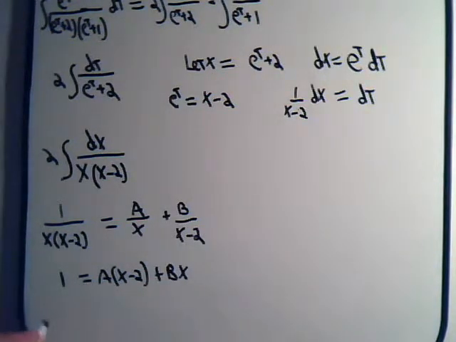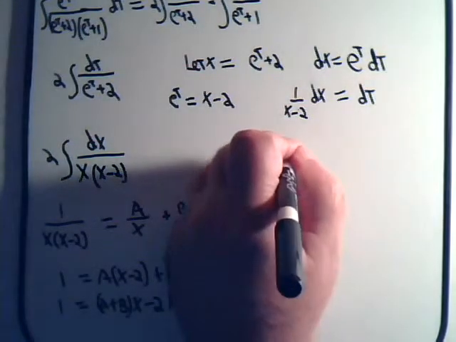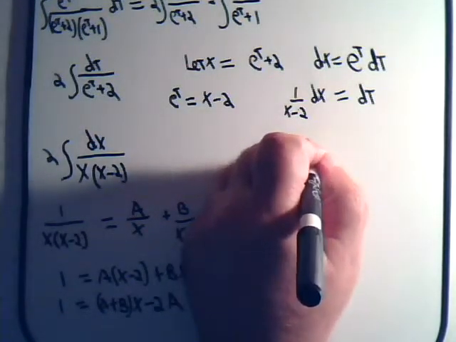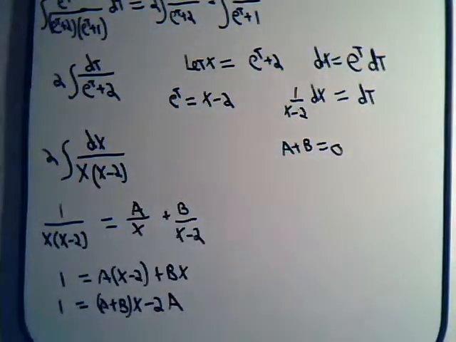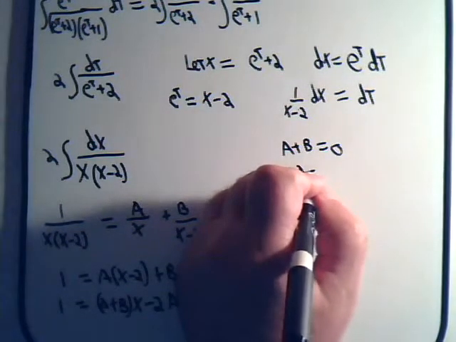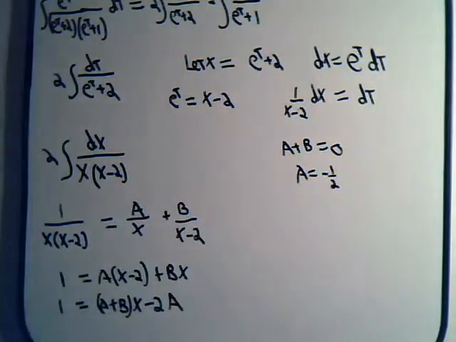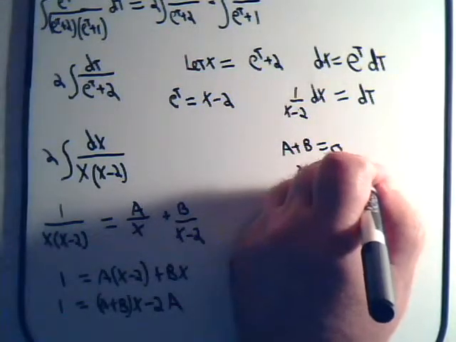So let's see, multiplying correct terms, we'll have a plus b times x minus 2a. So from here, we're going to have a plus b is 0. And minus 2a has to equal 1. So a is going to equal minus 1/2. And it looks like then b has to equal plus 1/2.